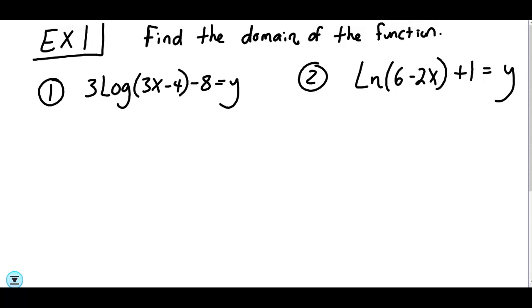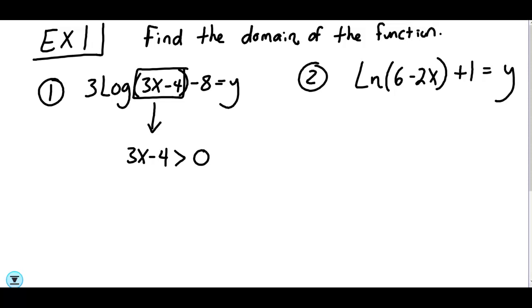All right, so I want to figure out what x is allowed to be. For logs, this piece here has to be positive. So I'm going to take just that part. The rest of it does not matter if you're trying to find the domain. All I know is that 3x minus 4 has to be greater than 0. It has to be positive.